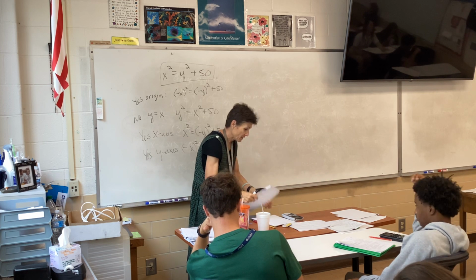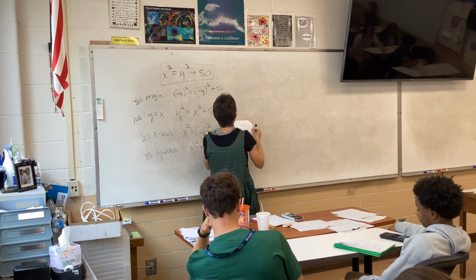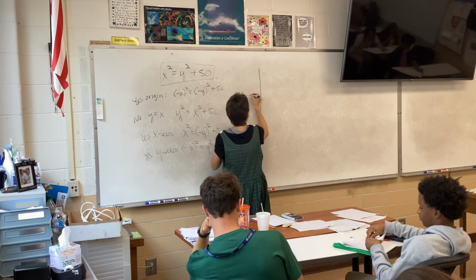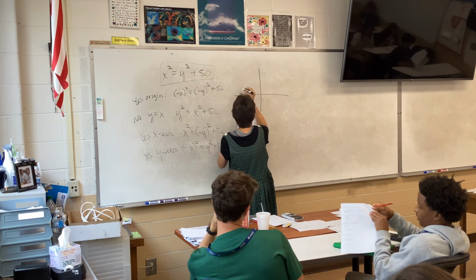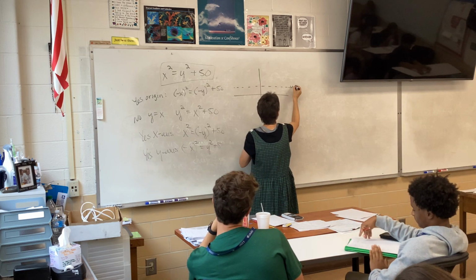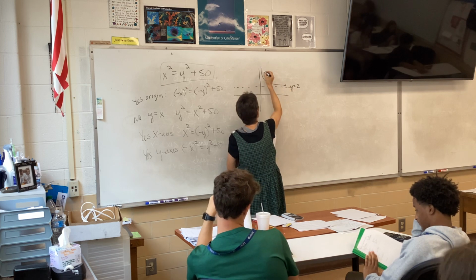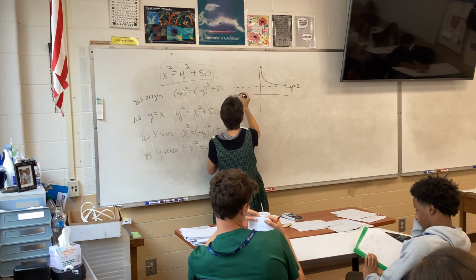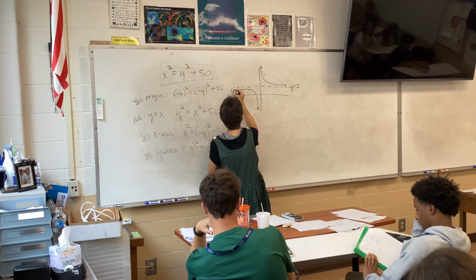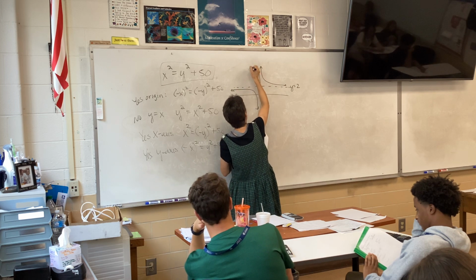So, we've got a picture in 8A, and we're going to talk about asymptotes using this kind of picture. It looks like I have a horizontal asymptote at y equals 2. It also looks like I have a vertical asymptote at x equals 0.